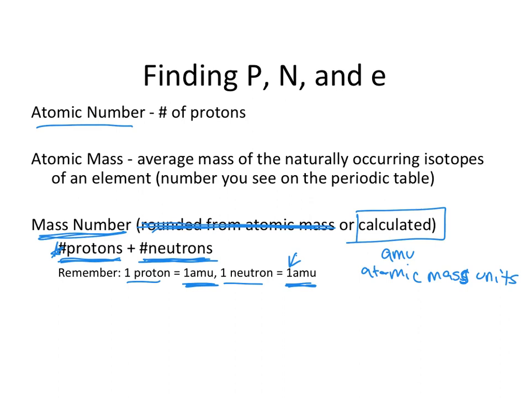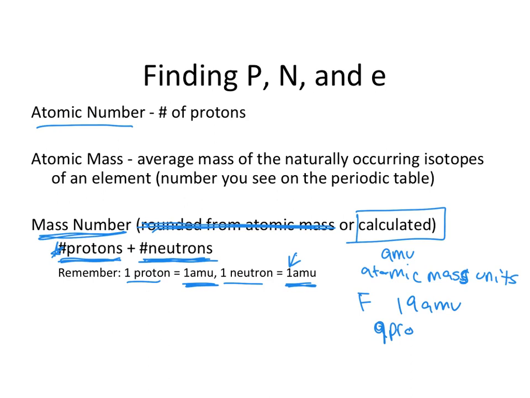So let's say, for example, we have our fluorine again. Let's say this particular atom of fluorine has a mass number of 19 AMU, atomic mass units. I know that fluorine on the periodic table has an atomic number of 9, which means it has 9 protons.